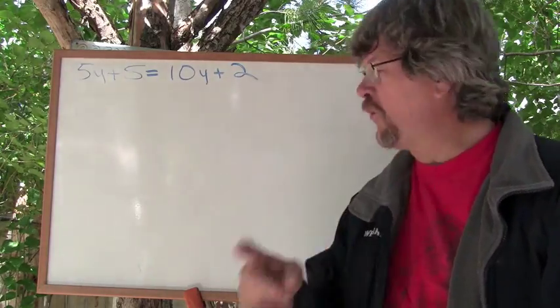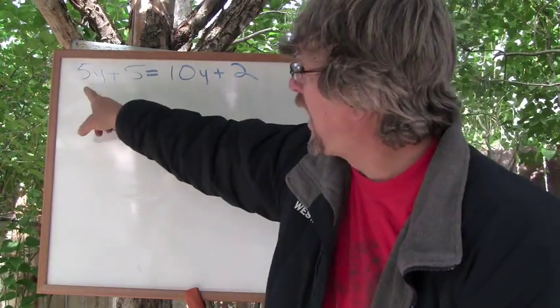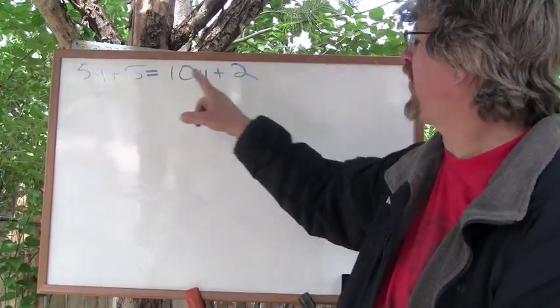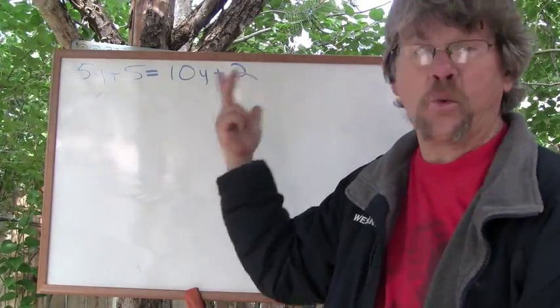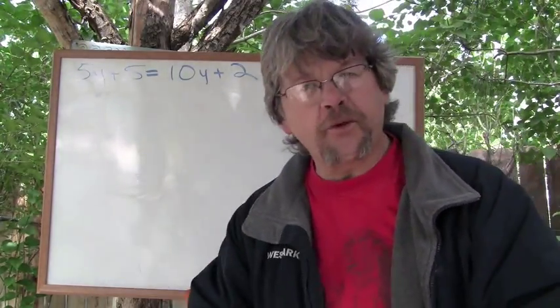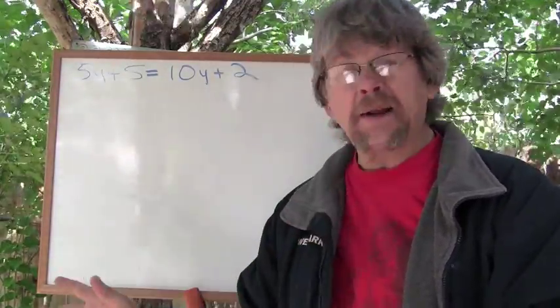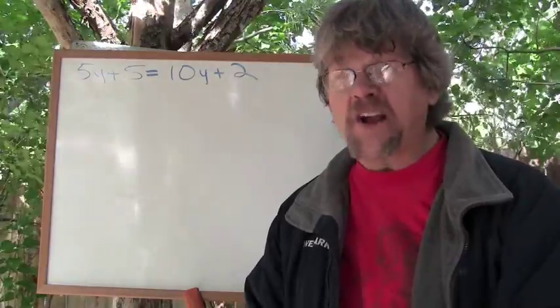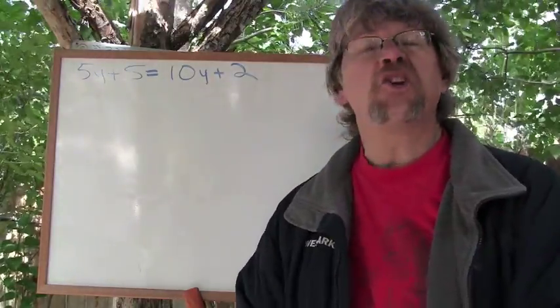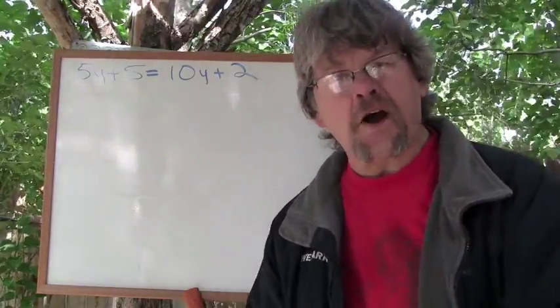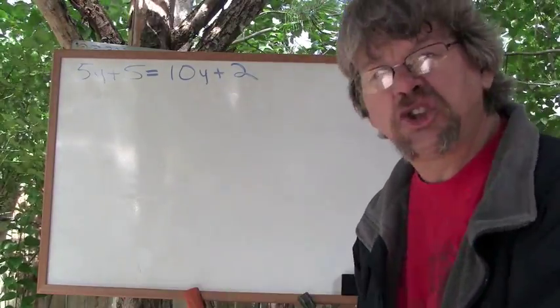Again, we have the situation where each side has a variable and each side has a numerical coefficient. Well, what do you do? You want to put the y on one side or the other. It really doesn't matter which side of the equation you put that y, but you do it by the inverse operation. You undo.